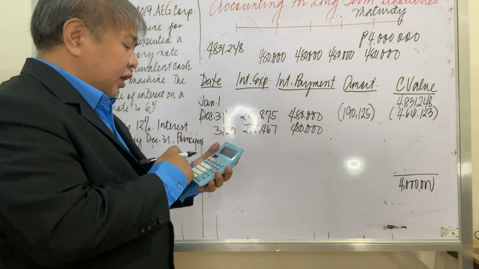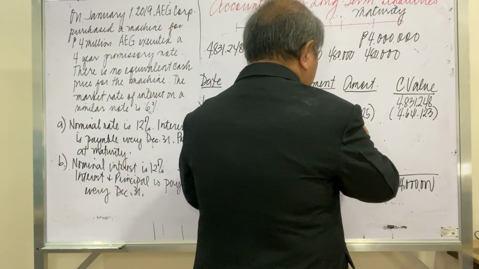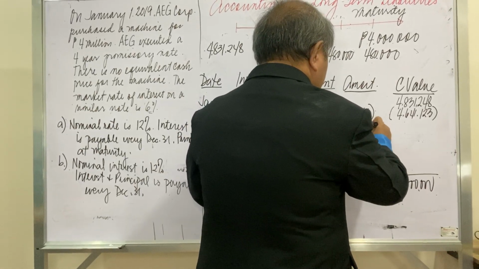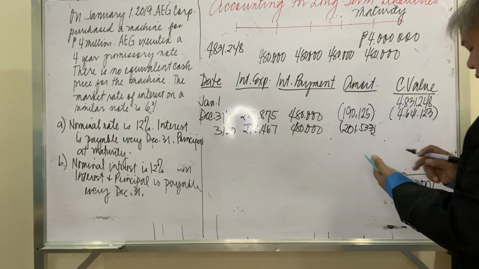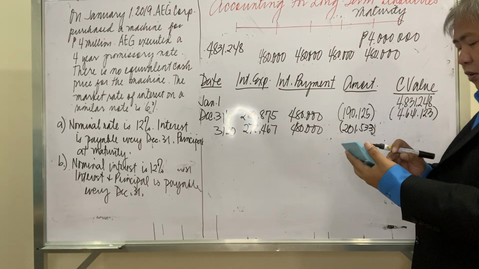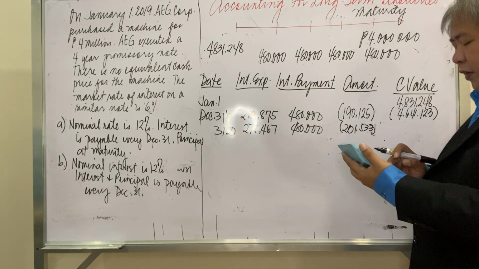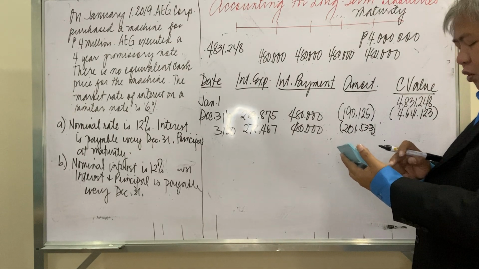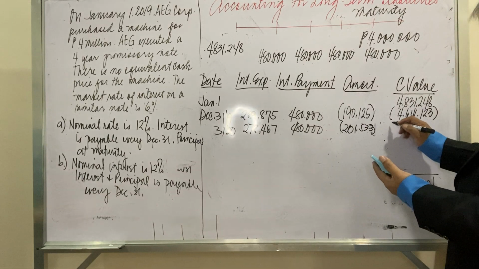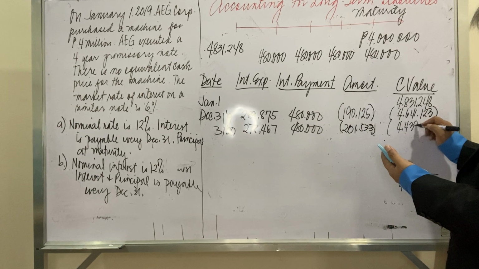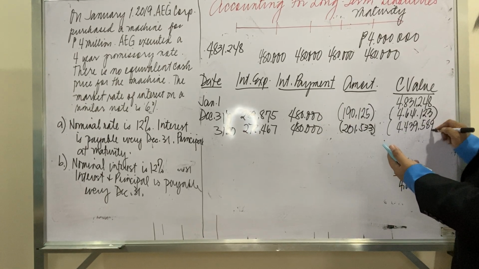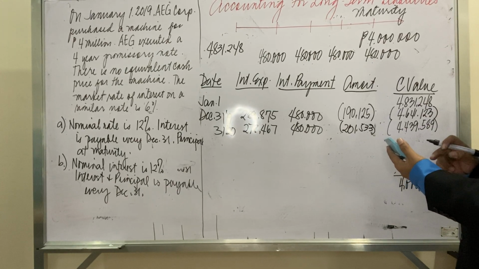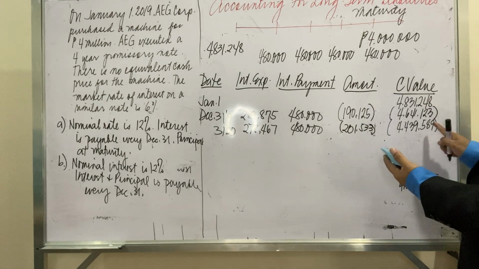Minus 480,000, this will give you negative 201,533. So 4,641,123 minus 201,533 is 4,439,590.